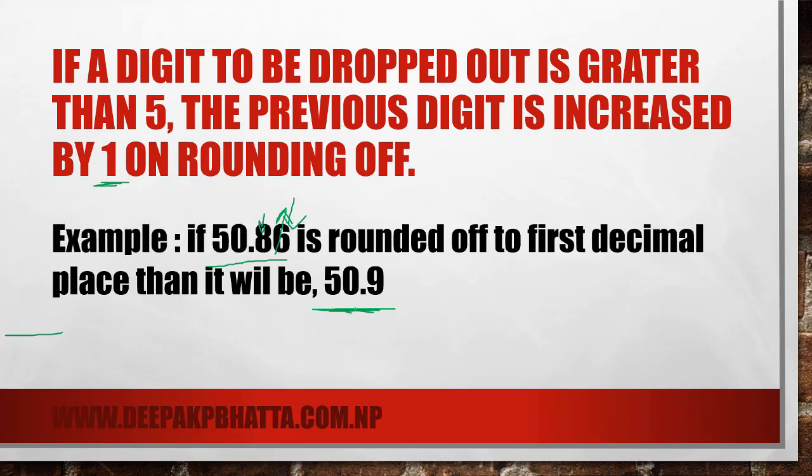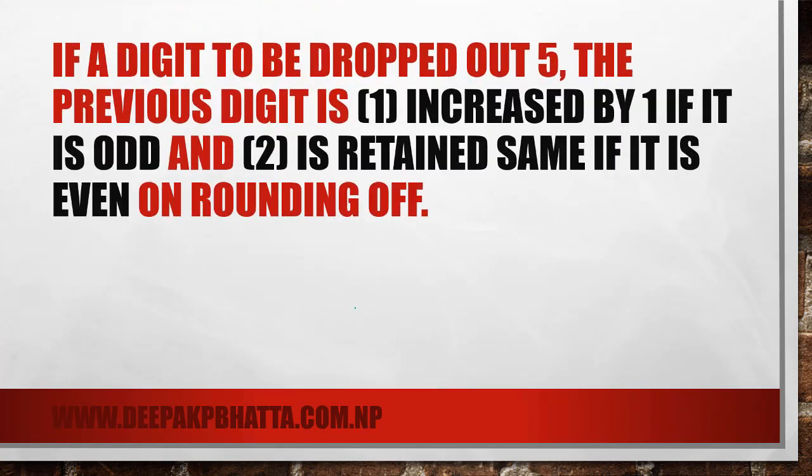Again, if the digit to be dropped out is 5, then the previous digit is increased by 1 if it is odd, so the digit changes to the next one, and it is retained the same if it is even. We have to remember this.